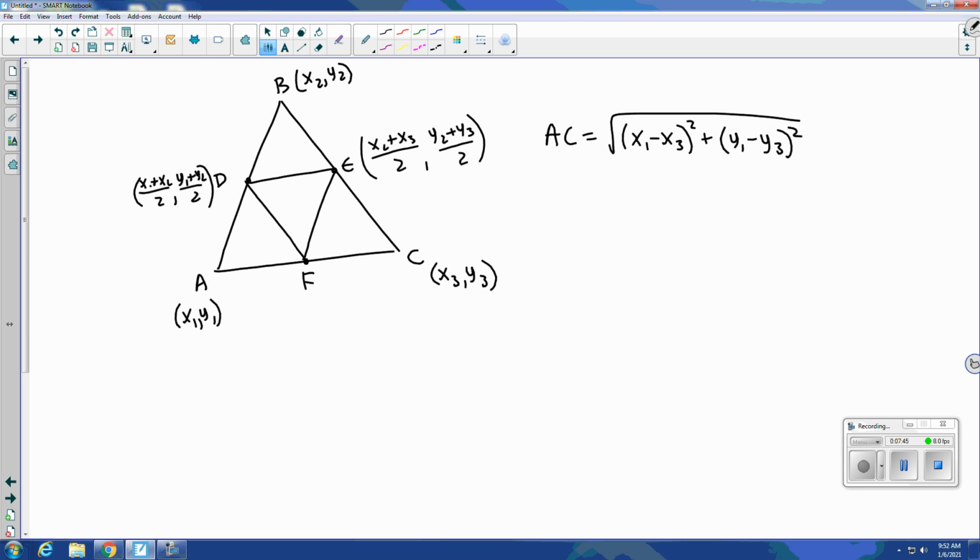And now for DE, that distance is going to be the change in the x's squared. So it's going to be x1 plus x2 over 2 minus x2 plus x3 over 2, all of this squared, plus the difference in the y's.